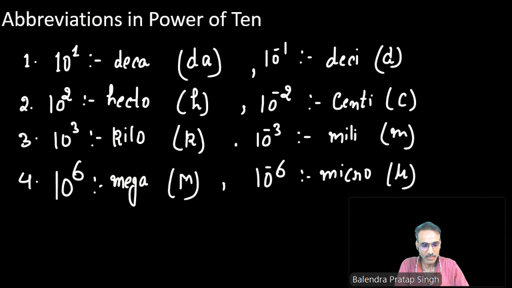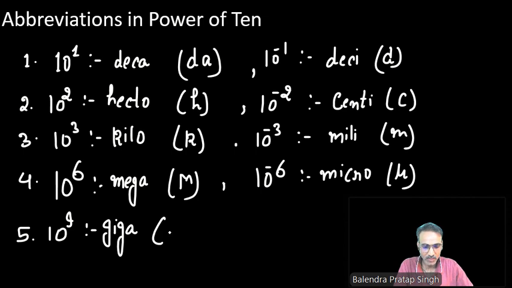Now the fifth multiple: we go from 10 raised to the power 6 to 10 raised to the power 9, and we call that giga.